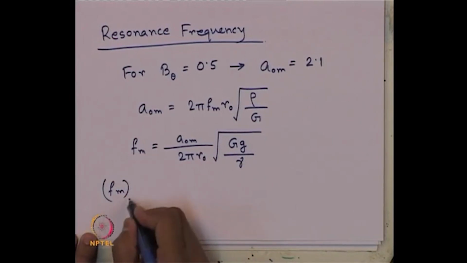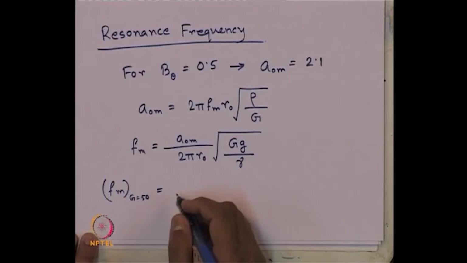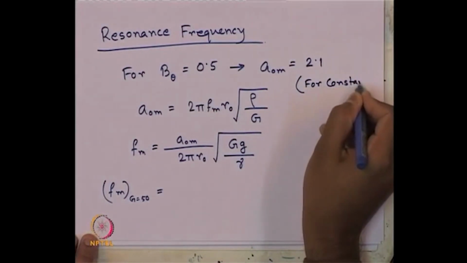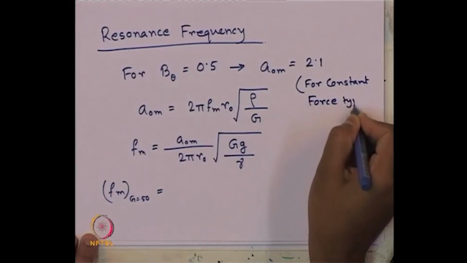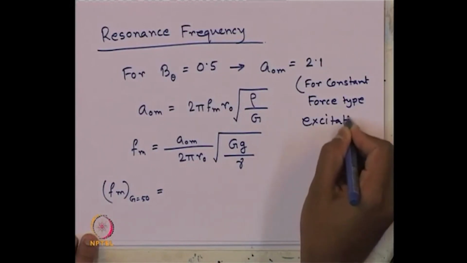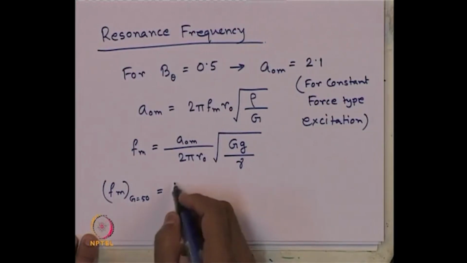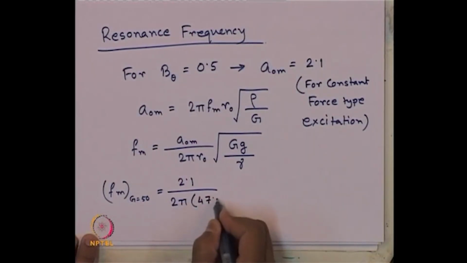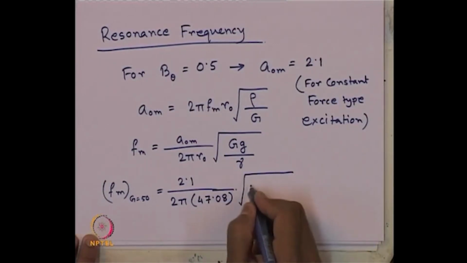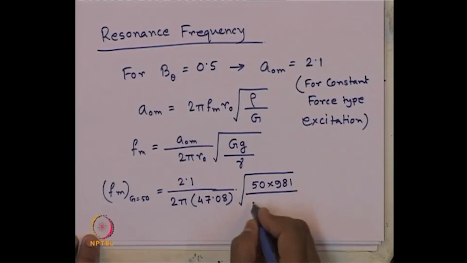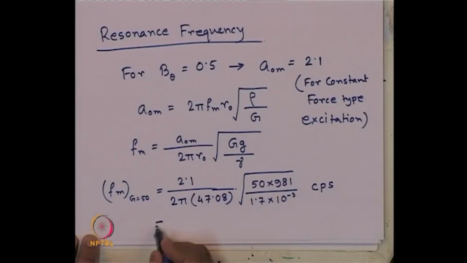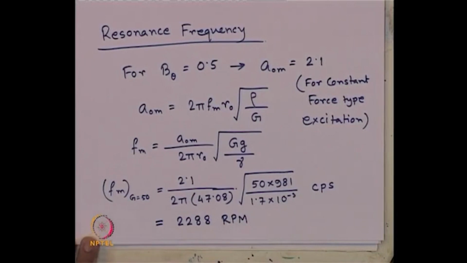So, f m for G equals 50, for constant force type excitation, comes out to be 2.1 by 2 pi r naught, which we had calculated as 47.08, times root over 50 into 981 divided by 1.7 into 10 to the power minus 3, so much cycles per second, which we can convert to RPM: 2288 RPM. Am I right?